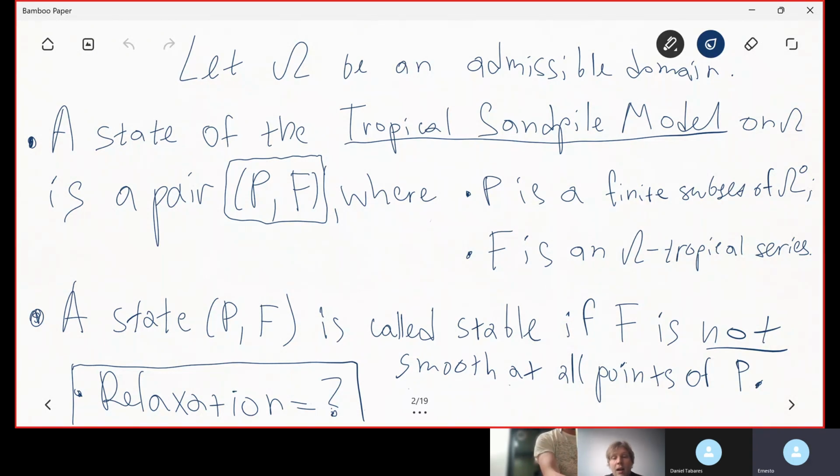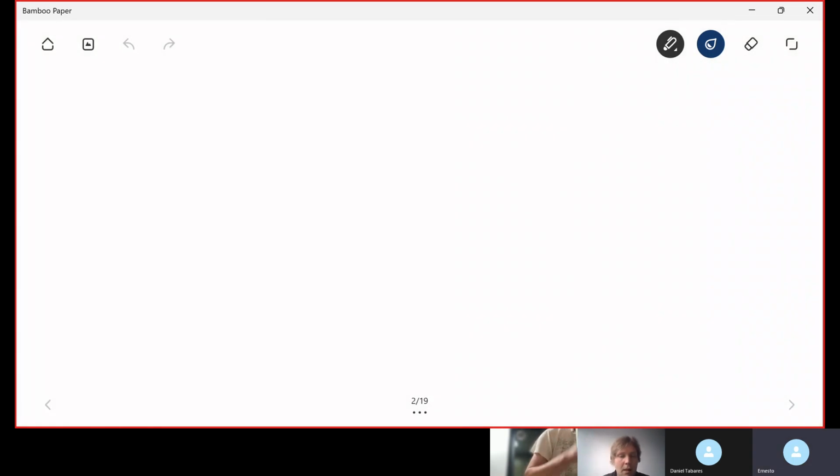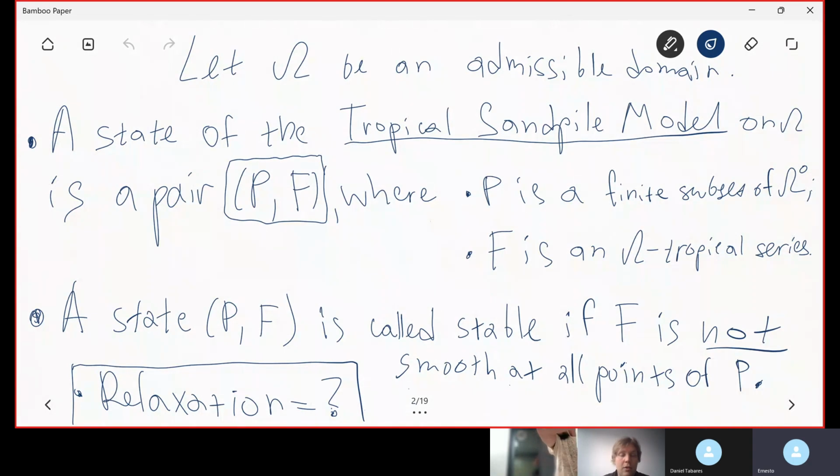It's just the piecewise linear category. Or the plot of F breaks at all points of P. It's just a little change of language to remain in a much smaller category of objects all the time. Sure, you're probably right. It's more aesthetically correct. But anyway, it's the same thing.